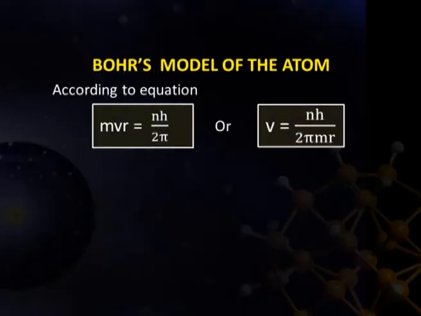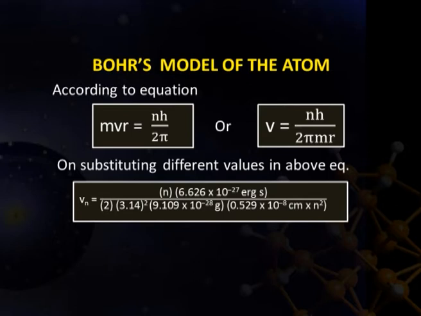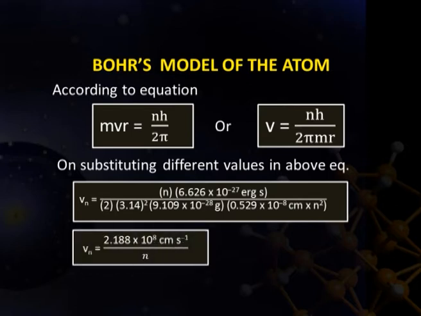According to the equation mvr is equal to nh upon 2 pi, or v is equal to nh upon 2 pi mr, we can get the value of Vn by putting these values. Finally, we get 2.188 into 10 raised to the power 8 centimeter per second upon n.